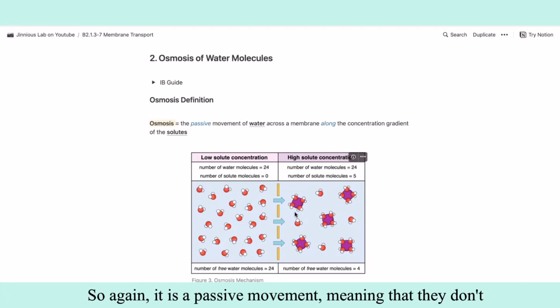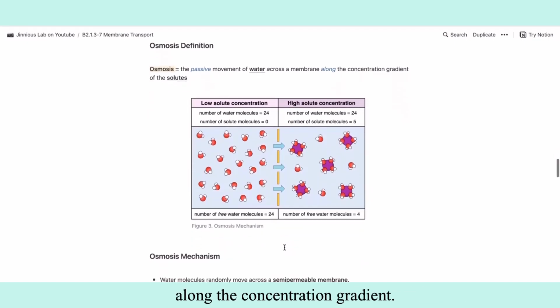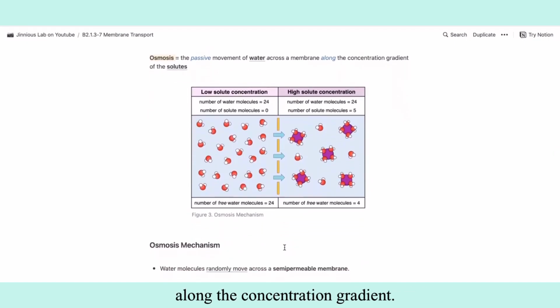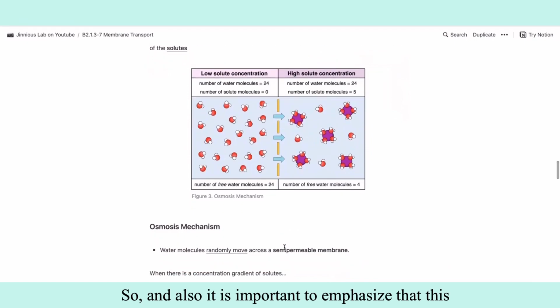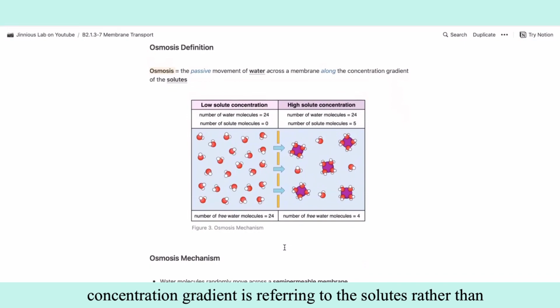So again, it is a passive movement, meaning that they don't require energy or ATP to transport, and they move along the concentration gradient. Also it is important to emphasize that this concentration gradient is referring to the solutes rather than the water molecules.